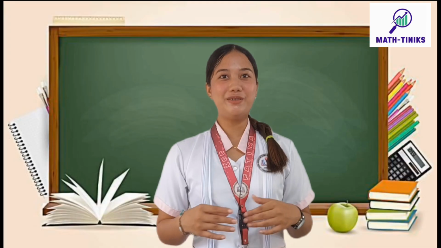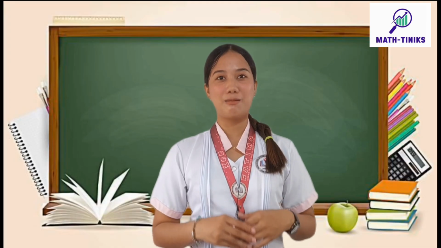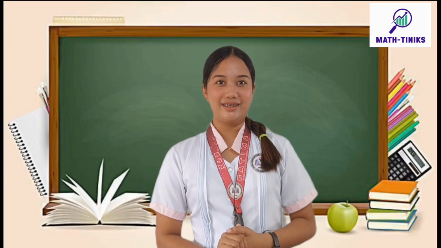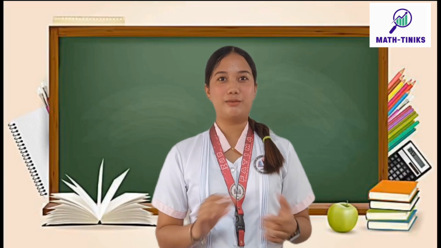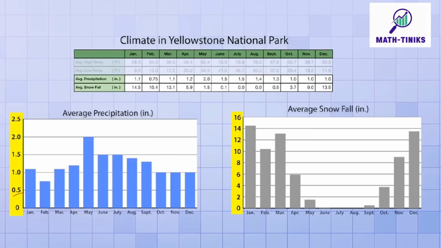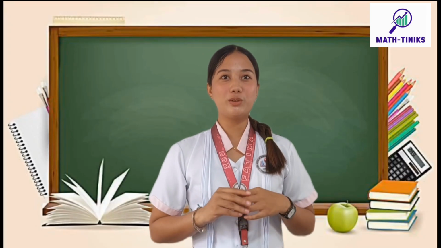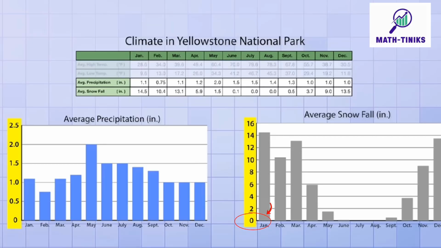Notice that these two different bar graphs have different number sequences, or scales, on their vertical axes. The rainfall graph starts at a minimum value of 0 inches and goes up to a maximum value of 2.5 inches, while the snowfall graph starts at 0 and goes up to a max of 16.